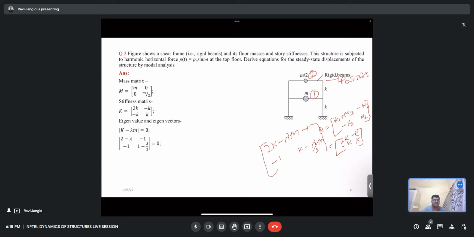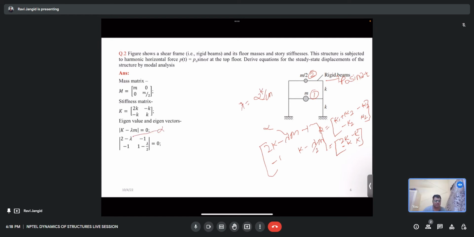I have taken k or lambda outside, since I already know what lambda would mean for me. In the final answer it would be k by m times some coefficient alpha, and if you want, you can replace it with alpha, but this is the simplified method.